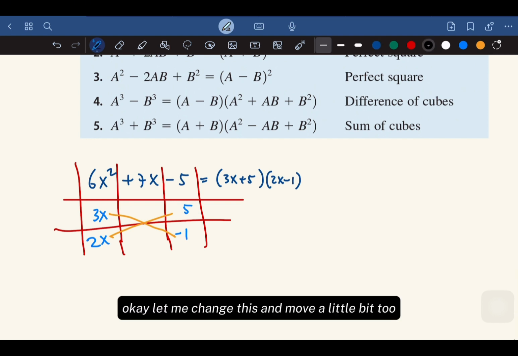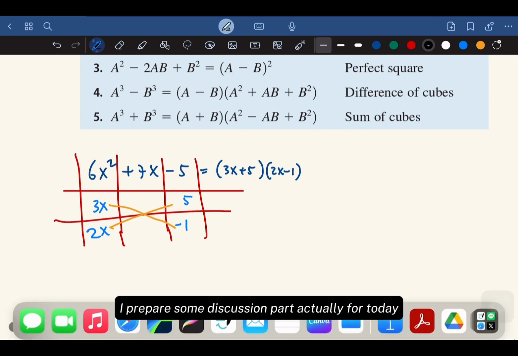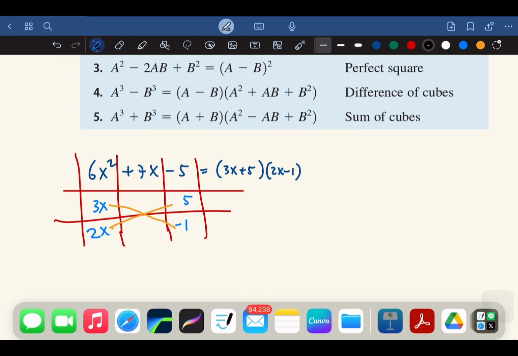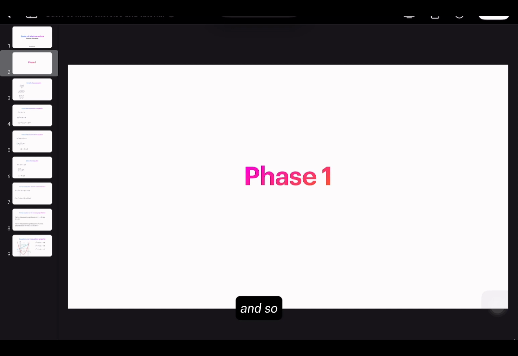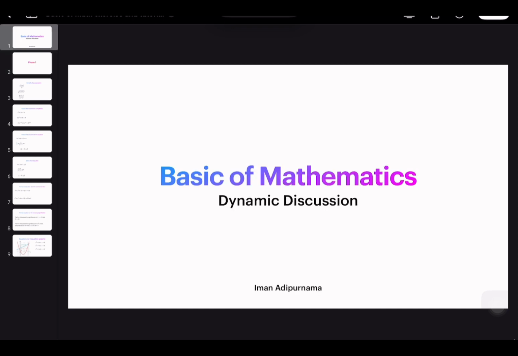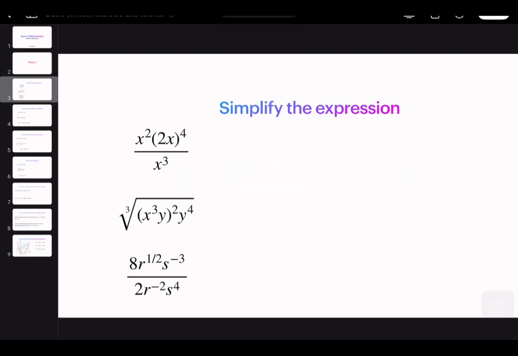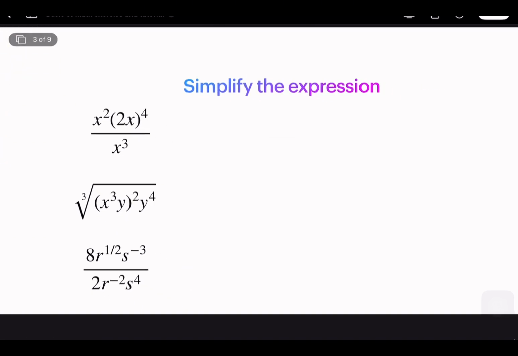Okay, let me change this and move a little bit. I prepared some discussion parts for today. Let's go to here. Let's try one by one.